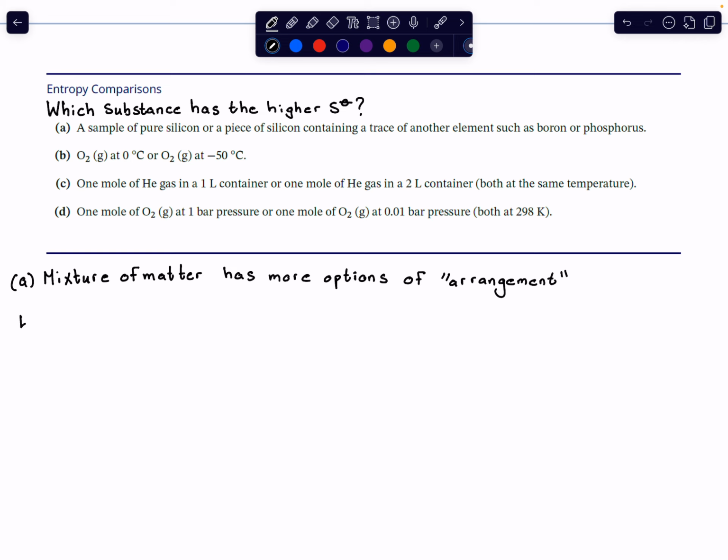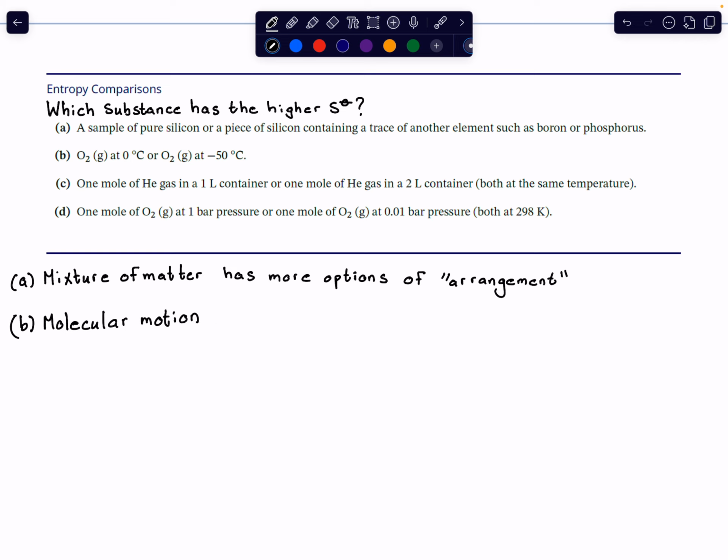All right. Our next question is whether oxygen gas at 0 degrees Celsius or oxygen gas at minus 50 degrees Celsius will have the higher entropy. Of course here we're arguing about molecular motion, and the idea is about energy.